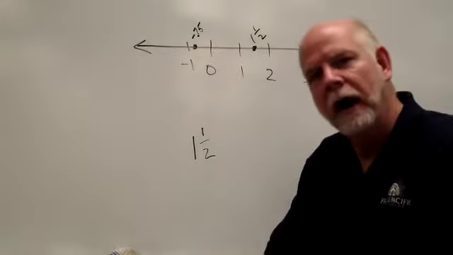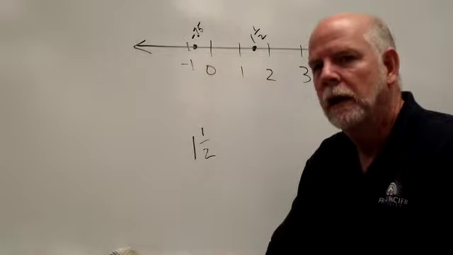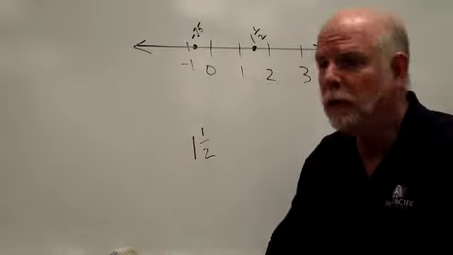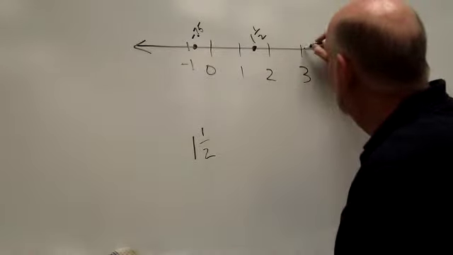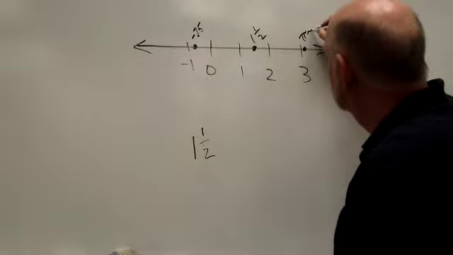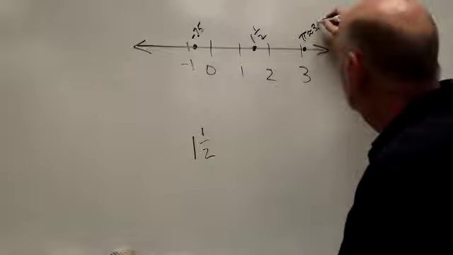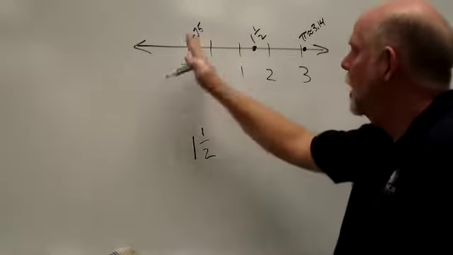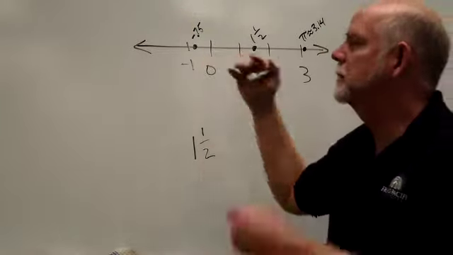Can we graph the number pi on a number line? Well, sure we can. An estimate of pi is about 3.14, so again, there's a decimal. And so we could graph pi being about right there. 3.14 is approximately pi.